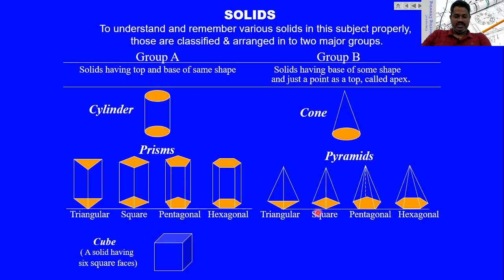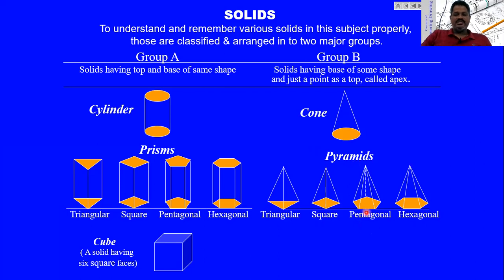Based on the bottom shape, we name the type of pyramid. If the bottom has three sides and is triangular in shape, then we call that a triangular pyramid. If it has four sides, then we call that a square pyramid.